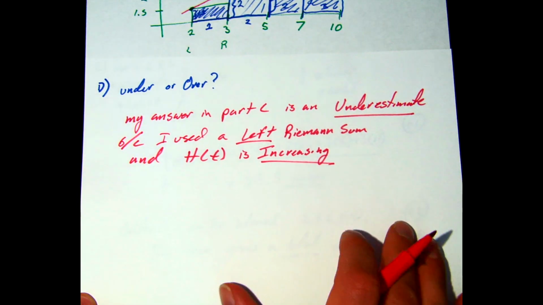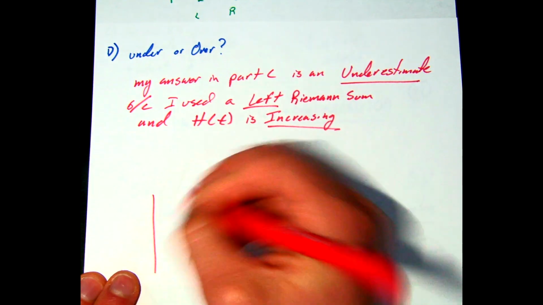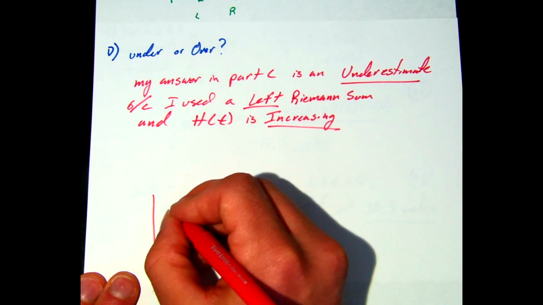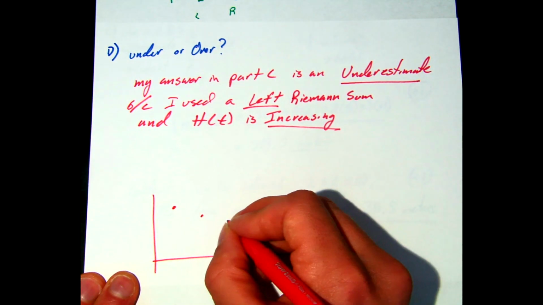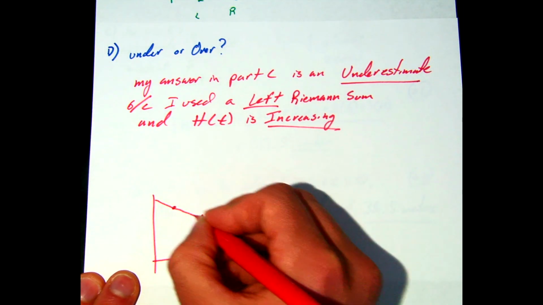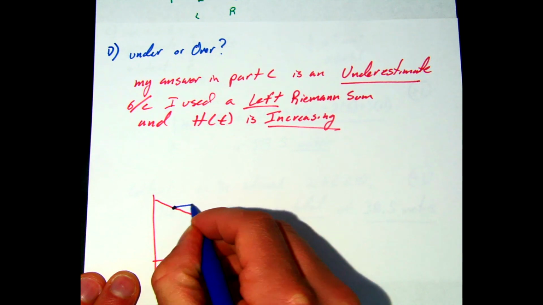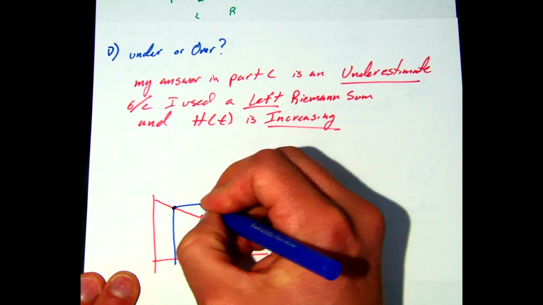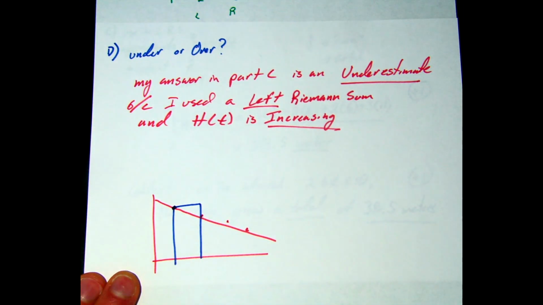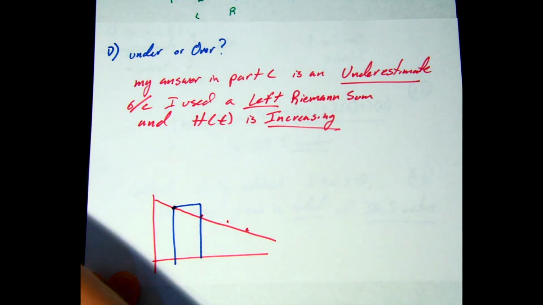Because, and this is just an example, let's say I had a function that was decreasing. Now, if I were to use a left Riemann sum, I would overestimate. Okay?